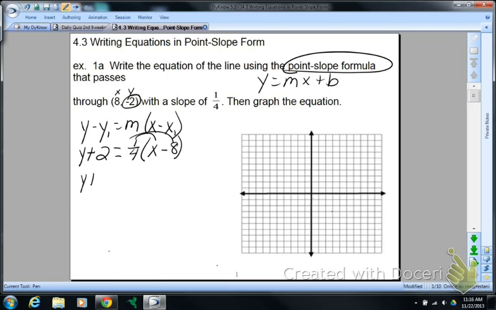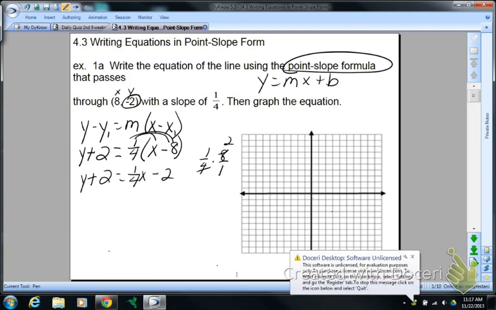So that's y plus 2 is equal to 1/4 times x, which is 1/4 x, and 1/4 times a -8. Well, that's a negative. Now, if you need to go to the side and multiply, 1/4 times 8/1 is what? 2. If you could do that in your head, great. If you can't, you go to the side and do it.